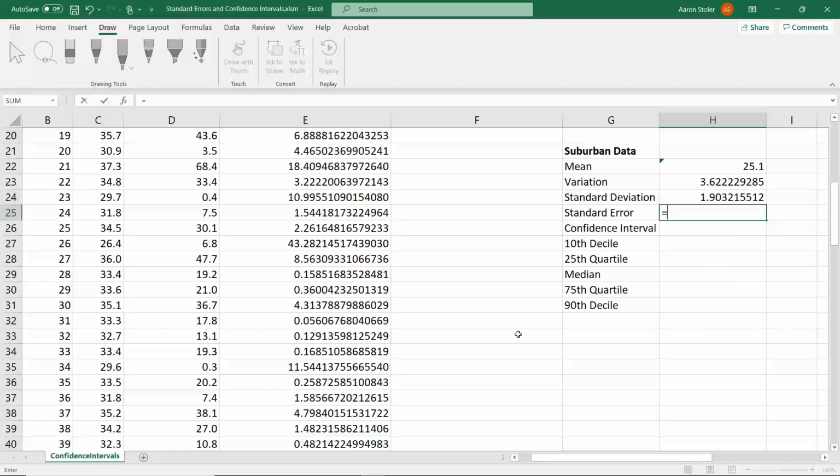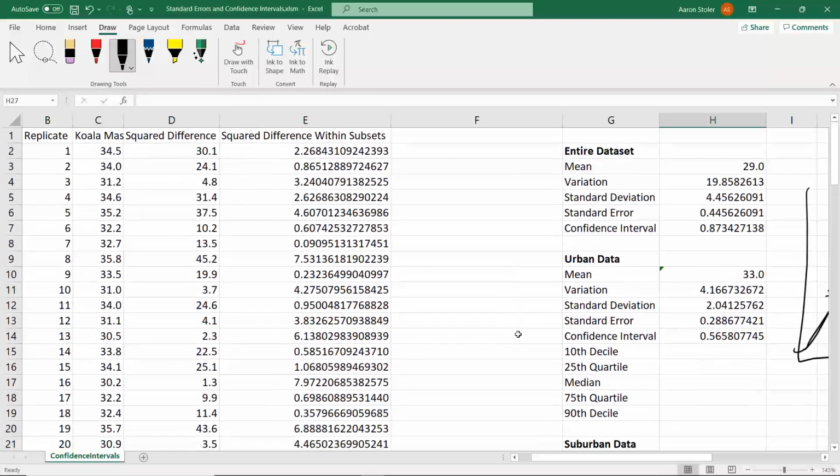Standard error is equal to the standard deviation divided by the square root of the number of replicates, which is 50. And the confidence interval is equal to the standard error times 1.96, or you can round to 2. This is so important, and you will be doing this again and again and again when we go over analyses of variance.